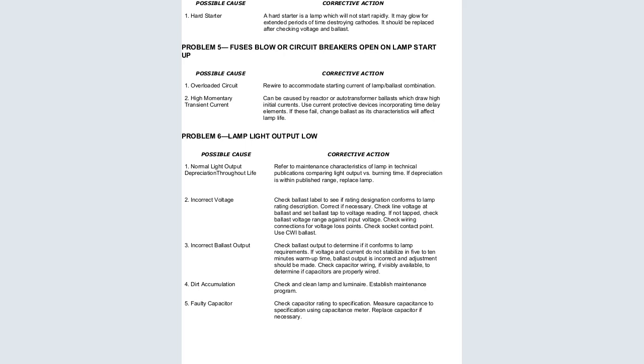Then we refer to the maintenance characteristics of the lamp in the technical publications, comparing the light output versus the burn time. And then we have the incorrect voltage. When the voltage is incorrect, refer to the maintenance characteristics of the lamp in technical publications, comparing light output versus the burning time.